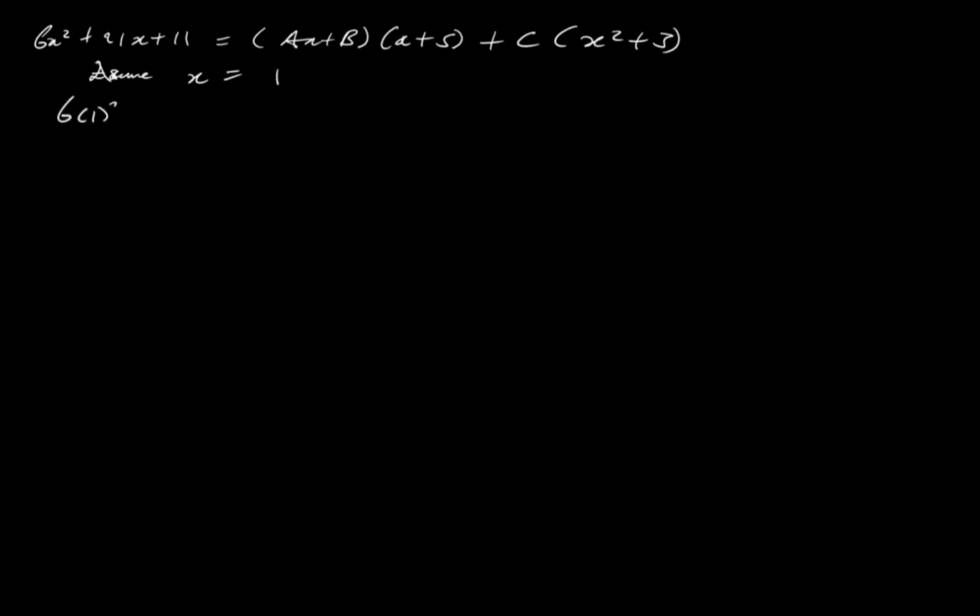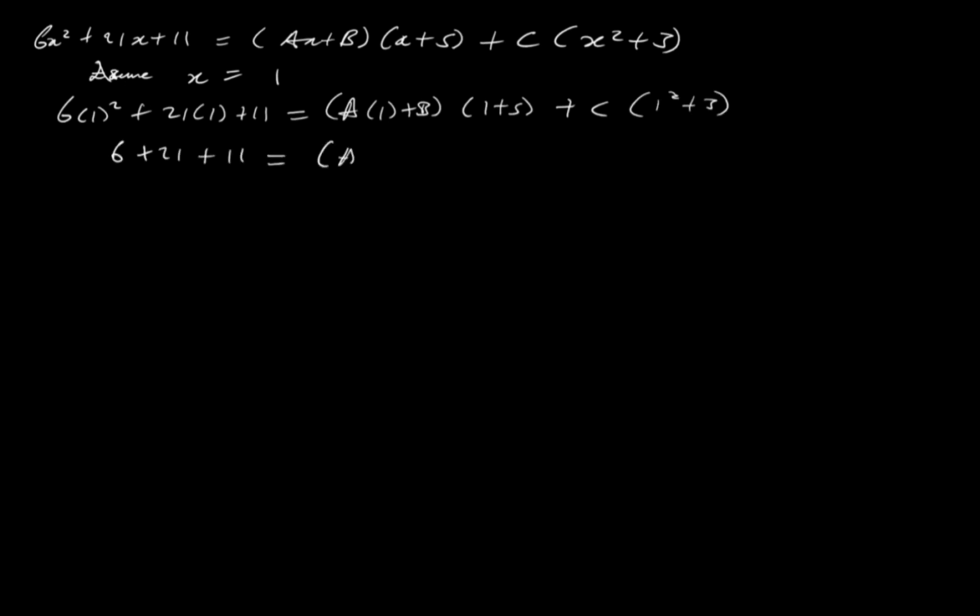So what happens? 6 plus 21 times 1 plus 11 is equal to a times 1 plus b, then 1 plus 5 plus c, 1 squared plus 3. So you have 6 plus 21 plus 11 is equal to a plus b times 6 plus c times 4.